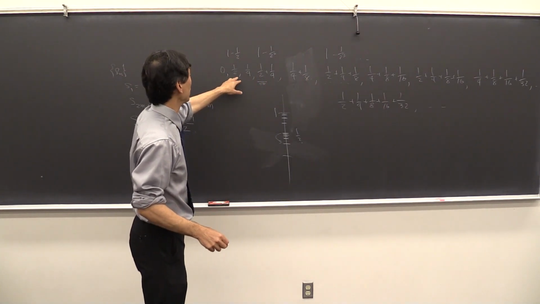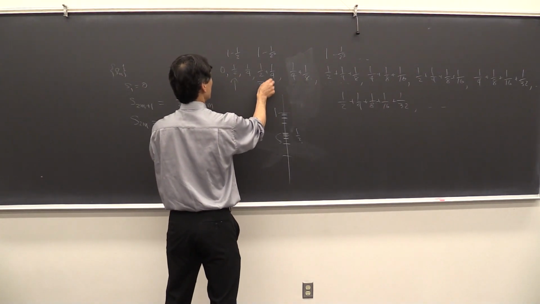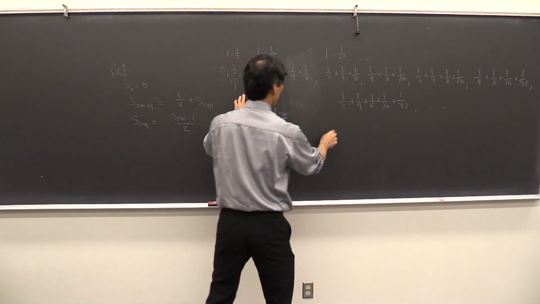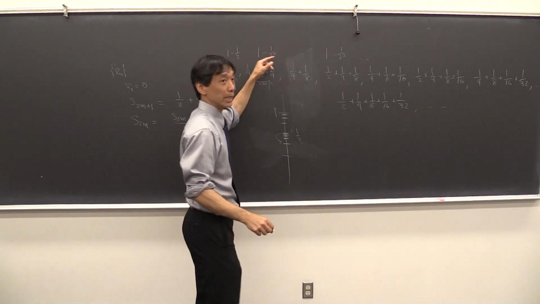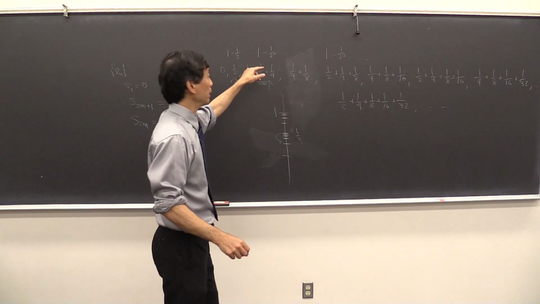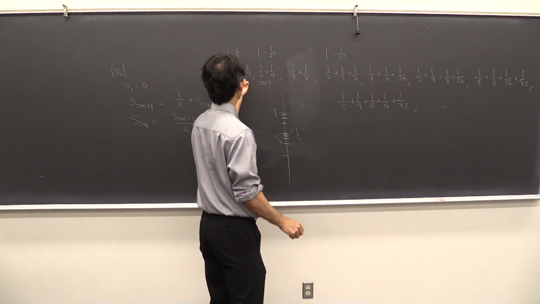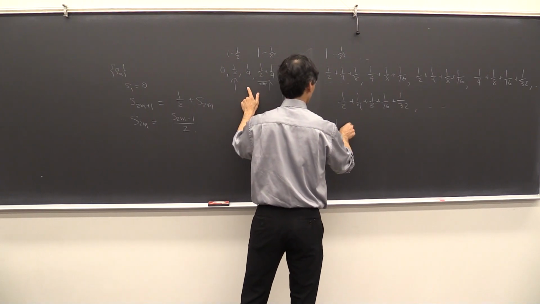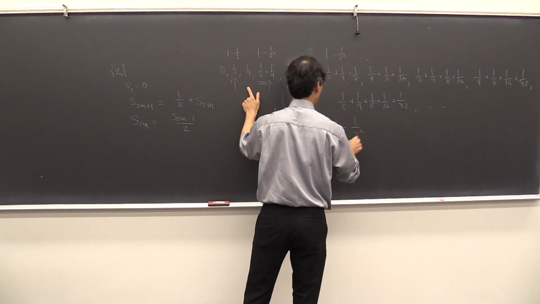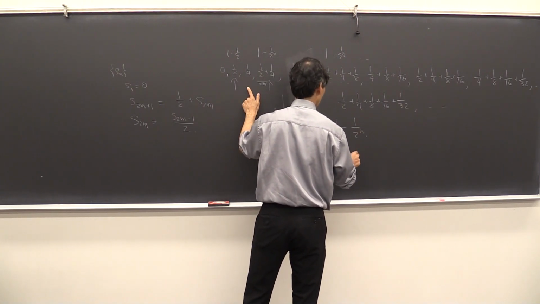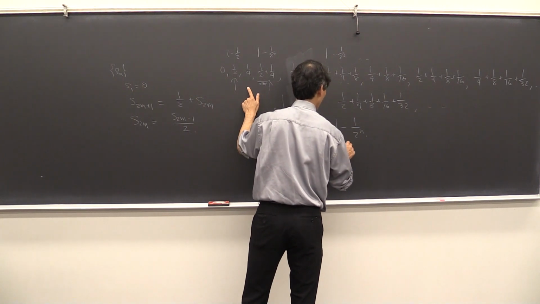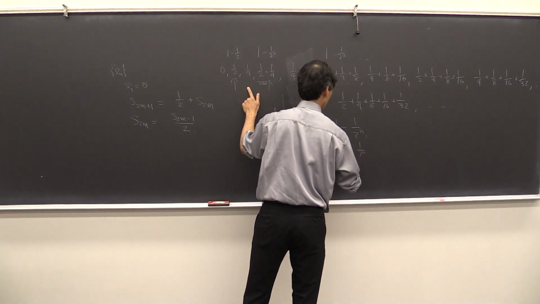You said look at the even terms; I'm saying the odd terms. Odd terms are all going to be like 1 minus 1 over 2 to the n. And the even terms are going to be half of that. So you've got terms that look like 1 minus 1 over 2 to the n, and terms that look like 1 minus 1 over 2 to the n, over 2.